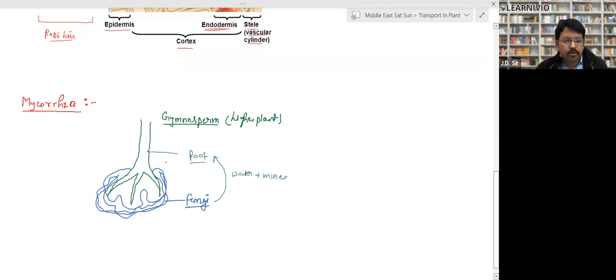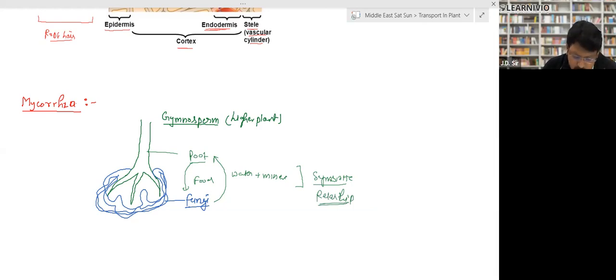In return, root gives fungi food, right? So both have a symbiotic relationship, both are helping each other. The symbiotic relationship between the fungi and roots of higher plant is called mycorrhiza. Is it clear or not? Yes.